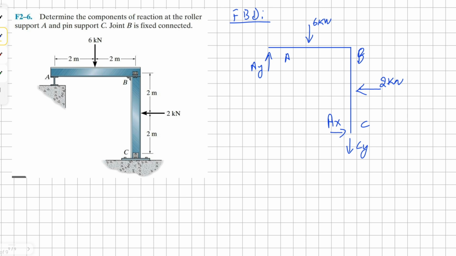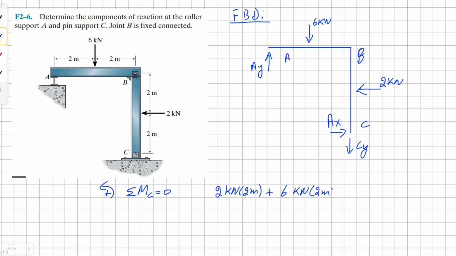Let us take the moment about the point C. Our first load we encounter is a point load of 2 kilonewton, and it's going counterclockwise, so it's positive, and it's 2 meters away. Then we encounter a vertical load going counterclockwise, 6 kilonewtons, and it's 2 meters away as well.